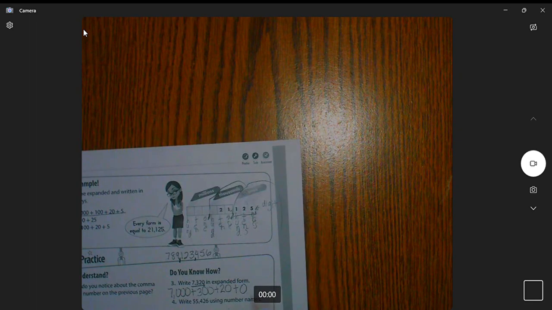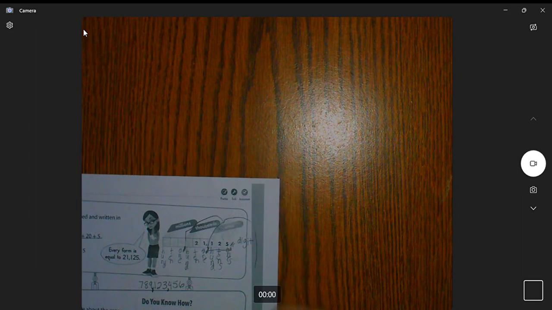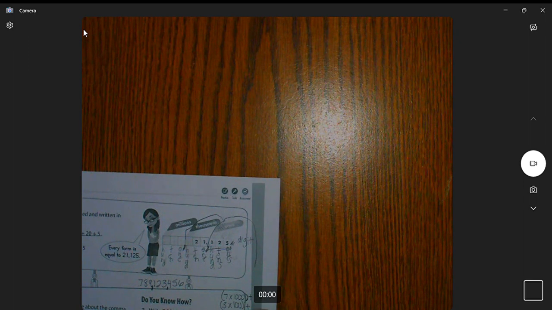So if I was to break this up and show each place, it would say 7 times 1,000 plus, I have 300, so 3 times 100 plus, the 2 is in the tens place, so 2 tens plus, and I have nothing in the ones place, so I'm going to say 0 times 1.